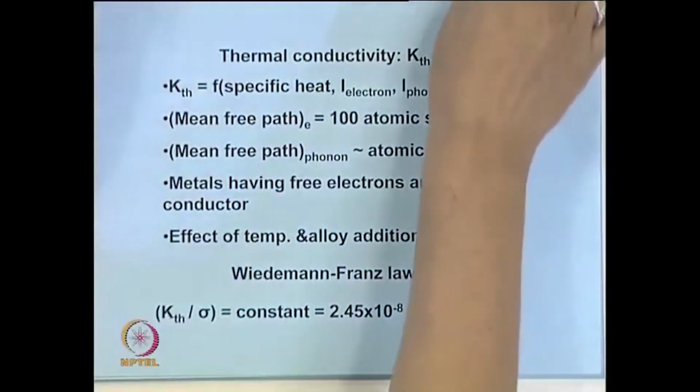There is a lot of similarity between thermal conductivity and electrical conductivity. It may be interesting to look at this. So, now electrons are the primary carrier of electricity in metals. Now, if you look at the thermal conductivity, it will depend primarily on two factors.